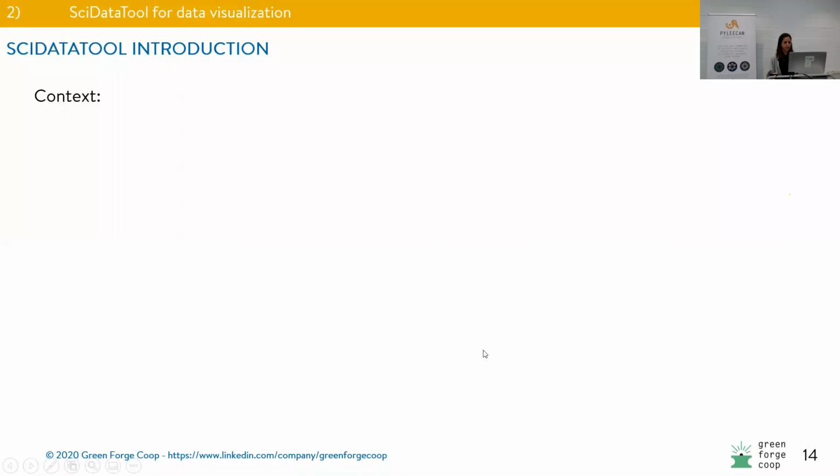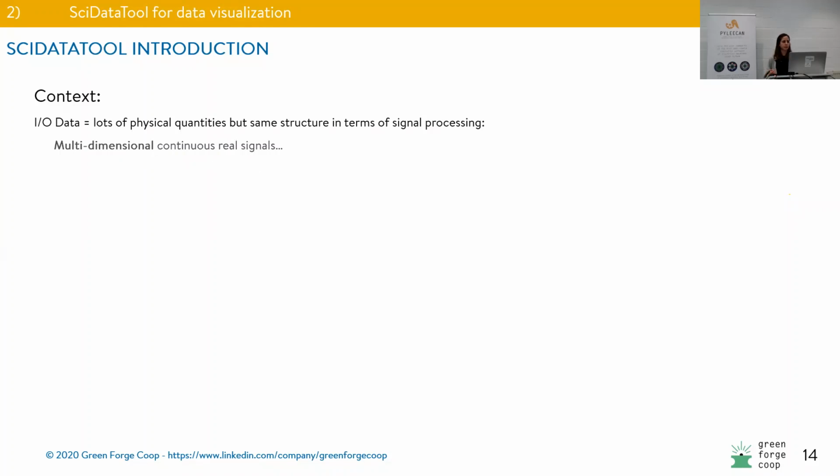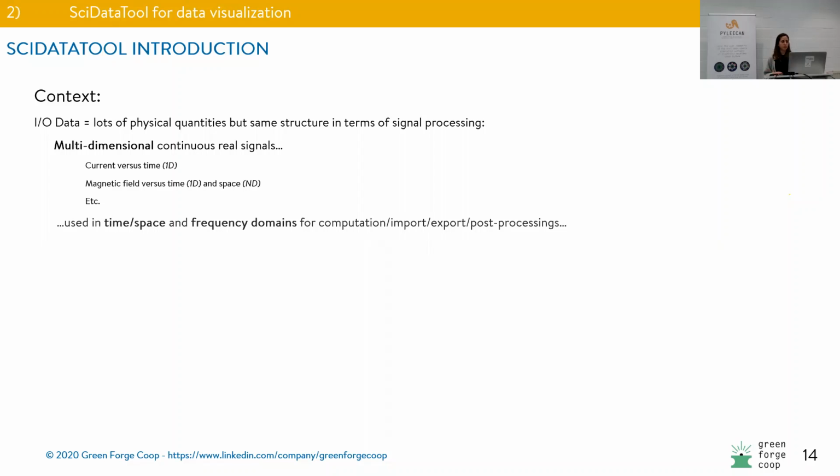The idea is that we have a lot of physical quantities, which may seem very different, but at the same time, they're only signals. They could be multidimensional, so 1D, 2D, 3D, and ND, etc. They can be defined in the real domain, so in time and space, but also in the frequency domain.